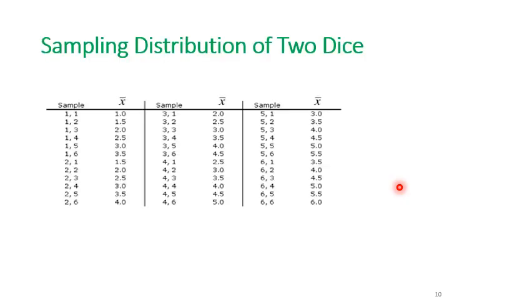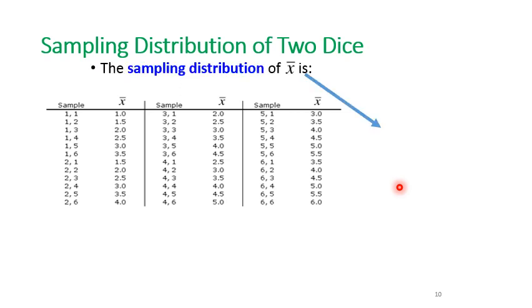Now let's try to construct the sampling distribution table of x bar, or the probability distribution table of x bar. This is the table we constructed before. We have the 36 possible samples in our example and the corresponding values for the sample mean.